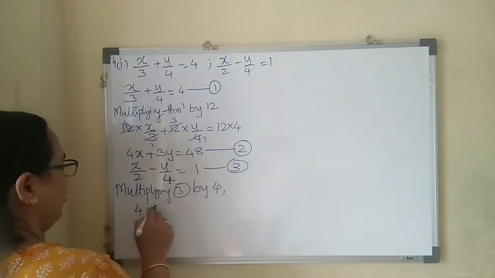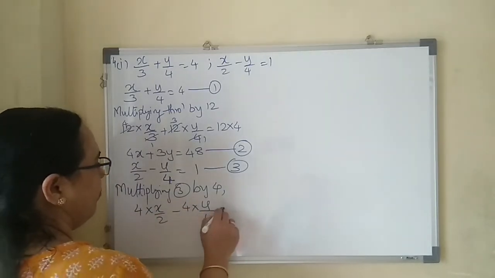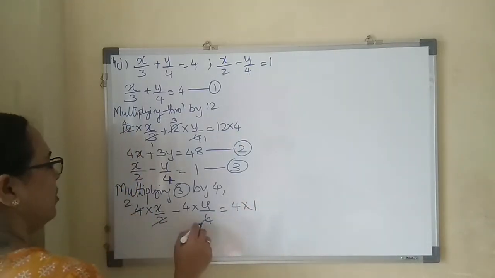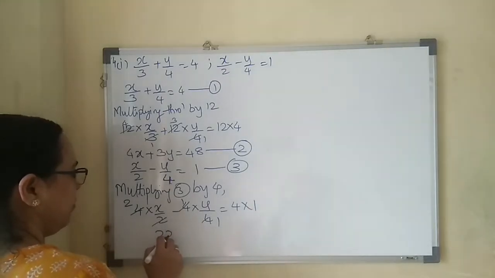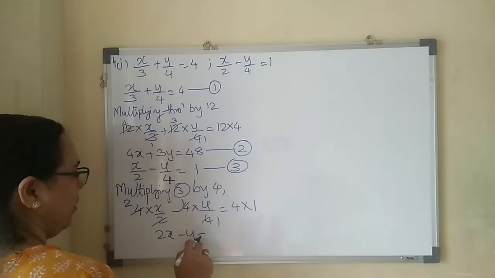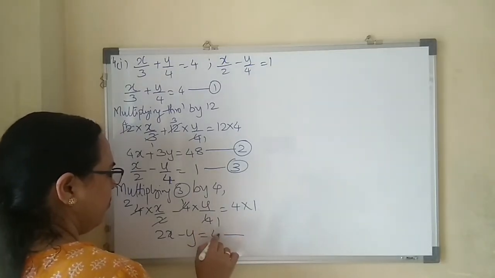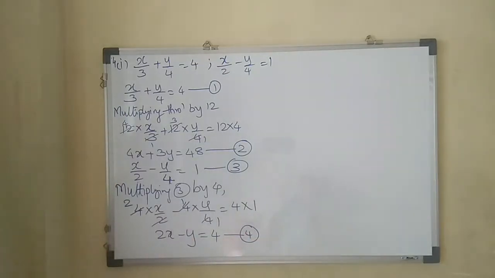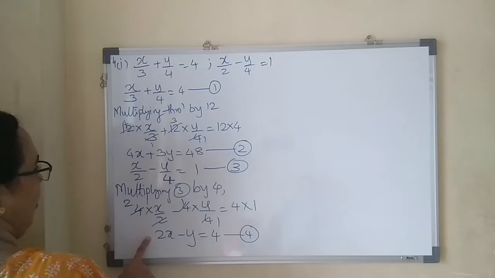So 4 into x upon 2, 4 into y upon 4, 4 into 1. This cancels here, this cancels here. What you get is 2x minus y equals, sorry, 4 ones are 4. Equation 4. Got it? Now, which two equations are we interested in? We are interested in the second and the fourth equation.